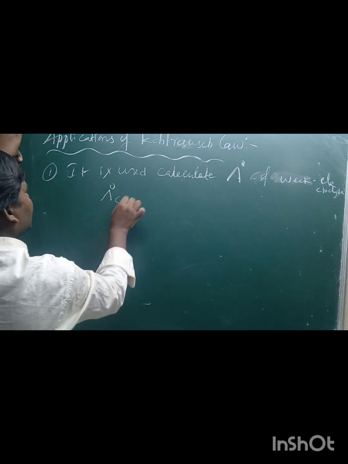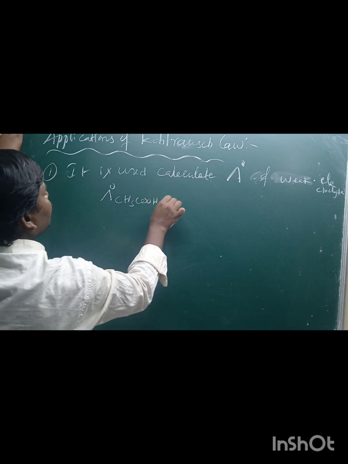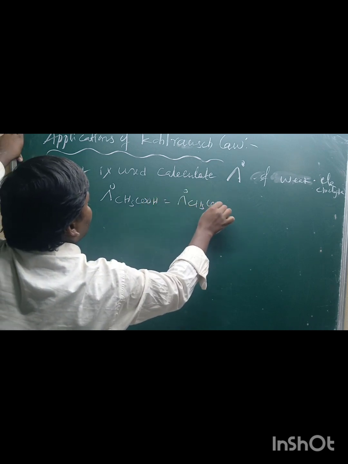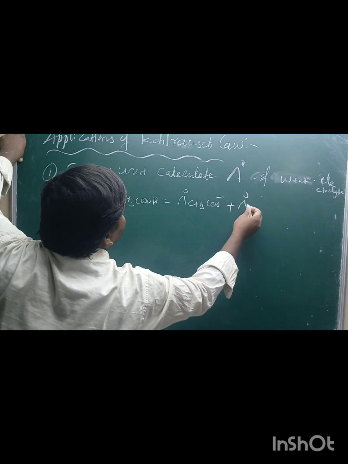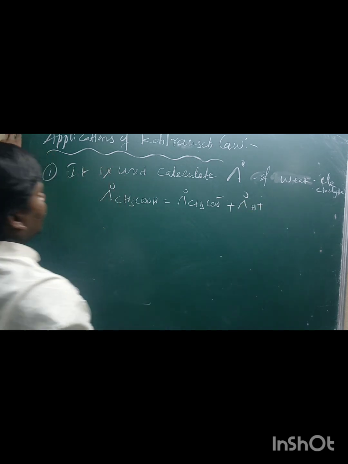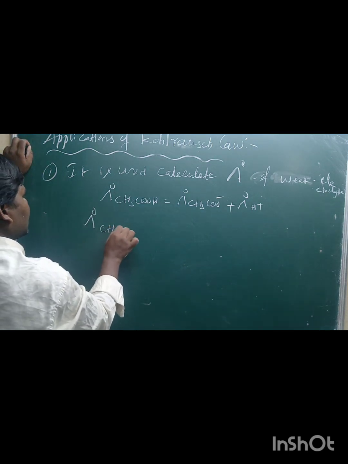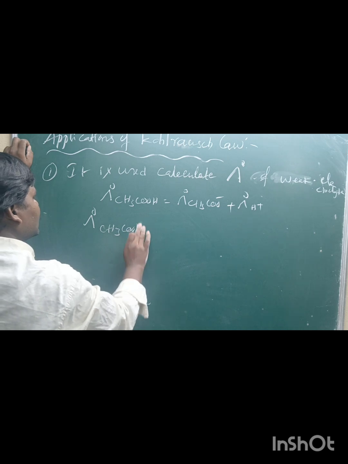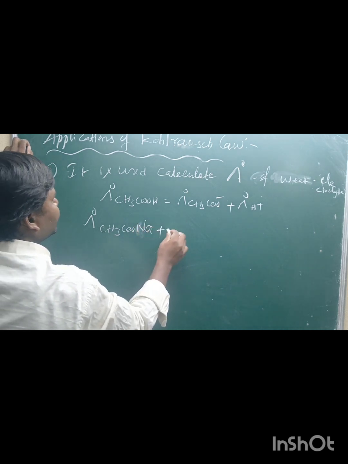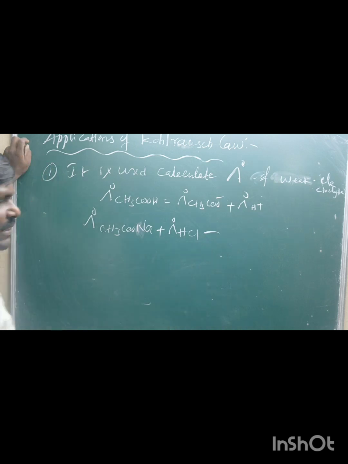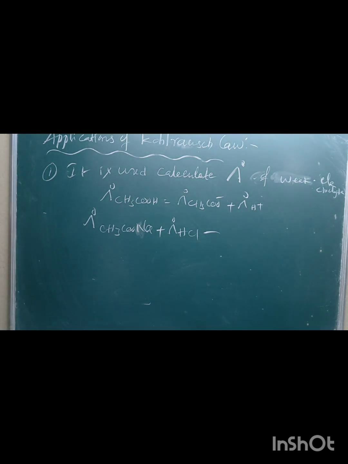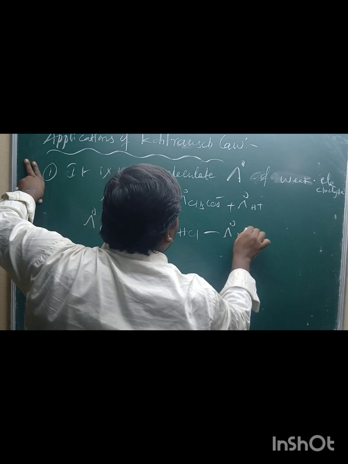For example, now I am taking a weak electrolyte. Equivalent conductance of H plus. How is it calculated, sir? Now I am taking strong electrolytes in the calculation. Lambda m naught CH3COONa, sodium acetate, plus lambda naught HCl minus lambda naught NaCl.